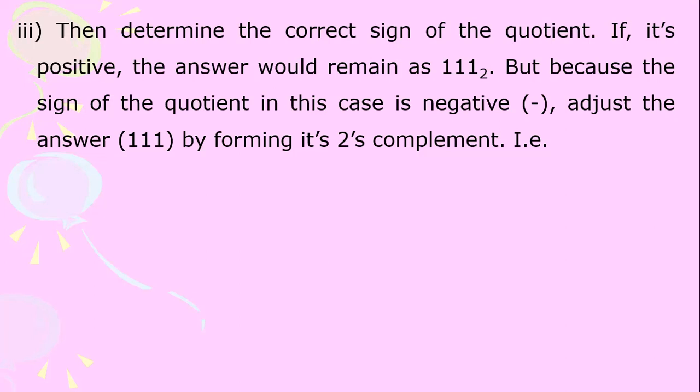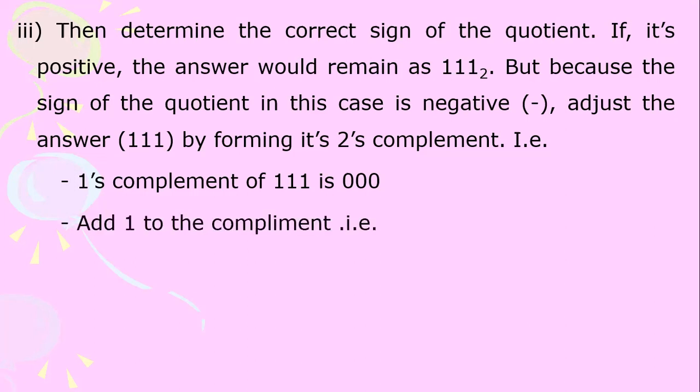That is, the 1's complement of 1, 1, 1 is 0, 0, 0. Add 1 to the complement to make it 2's complement. That is 0, 0, 0 plus 1. We get 0, 0, 1.